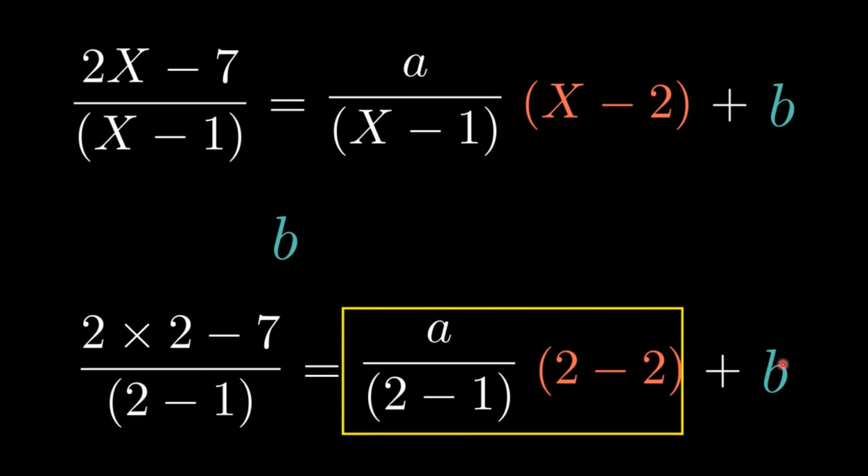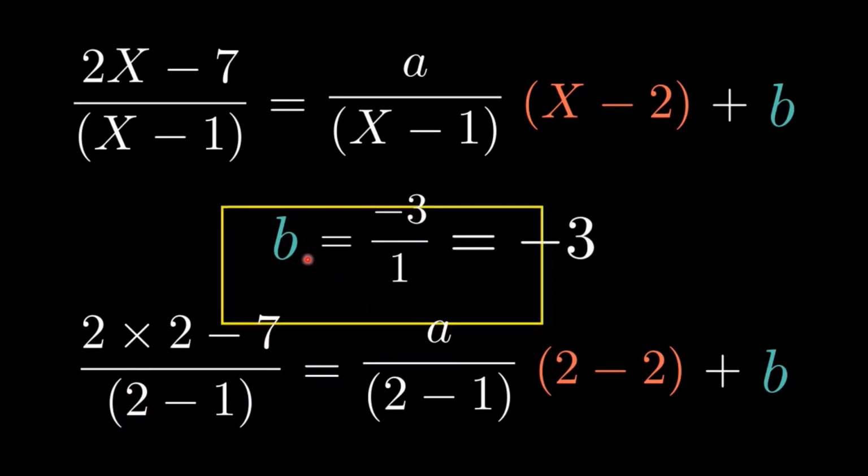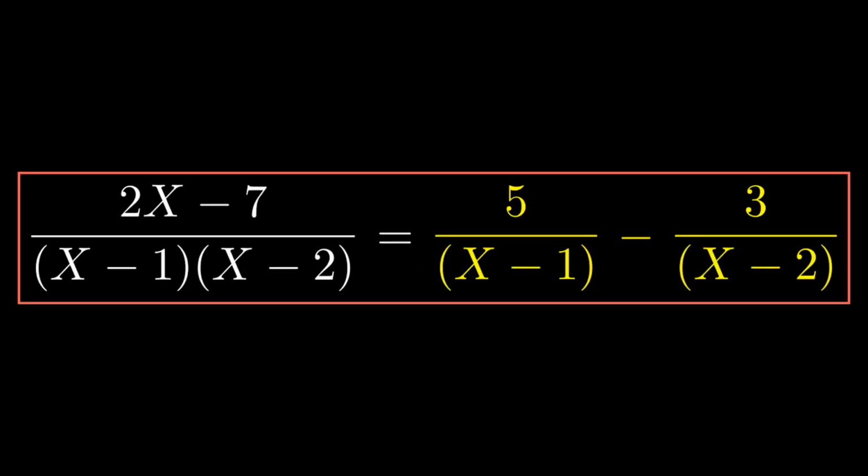So b is equal to this fraction, which is 4 minus 7 is minus 3 over 2 minus 1 is 1. So that gives b equals minus 3. So the partial fraction decomposition of this fraction is 5 over x minus 1 plus minus 3 over x minus 2.